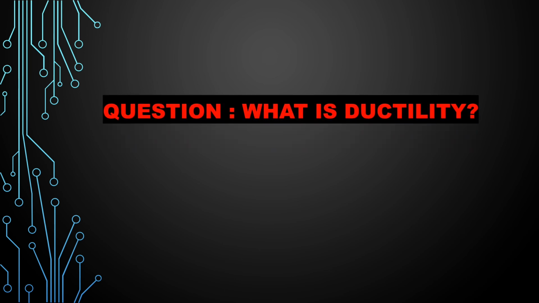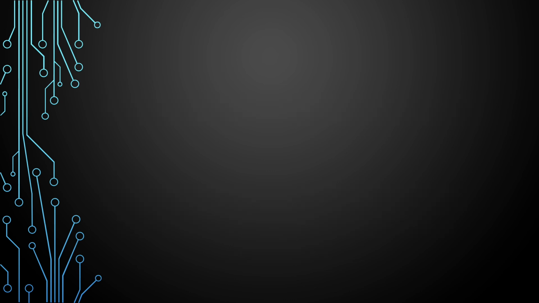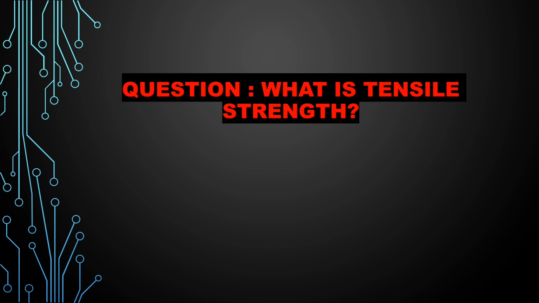Question. What is ductility? Answer. Ability of metal to be pulled and thinned without rupture. Question. What is tensile strength? Answer.